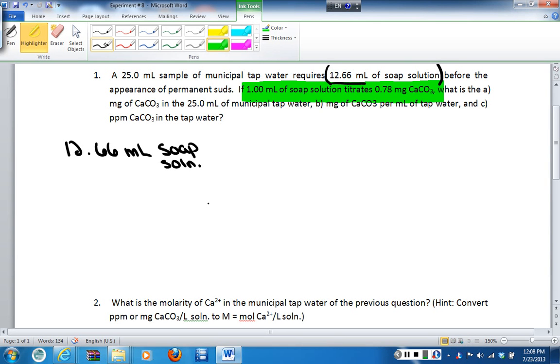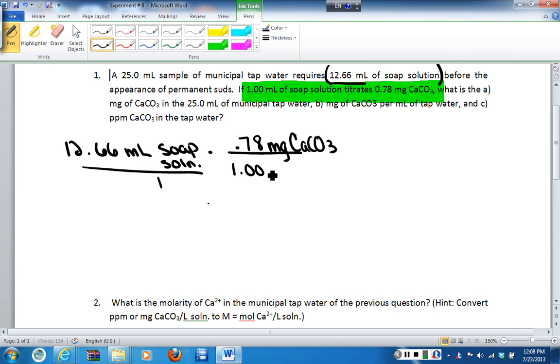So if we set it up correctly, we want to cancel out soap solution, leaving us with milligrams of calcium carbonate. So we put 0.78 milligrams of calcium carbonate on top, and 1.00 milliliters of soap solution on the bottom.